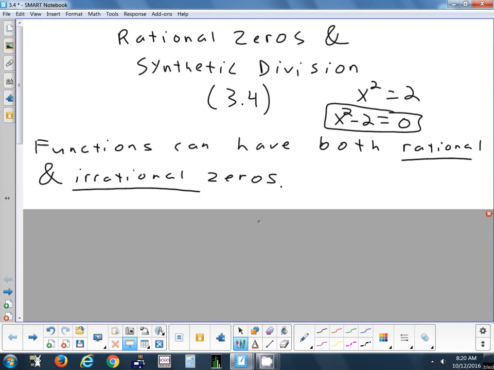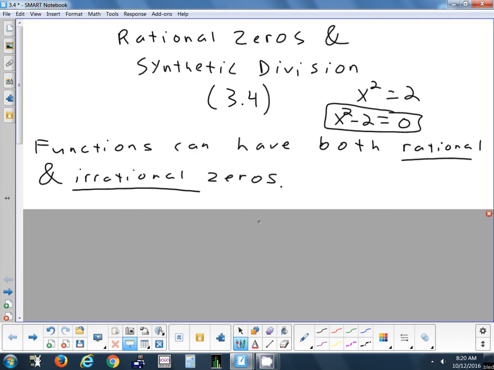So if you try to solve that, what do you have to do to get rid of the exponent of 2? You have to take a square root. So the answers to this problem are the positive square root of 2 and the negative square root of 2. The two numbers that make this equation 0 are irrational. Square root of 2 can't be written as a fraction.